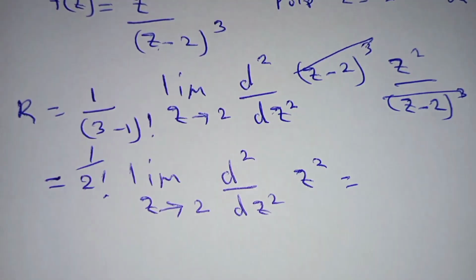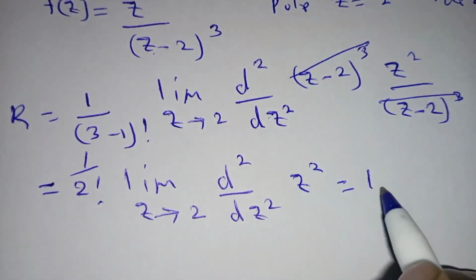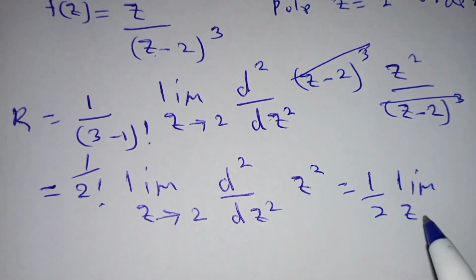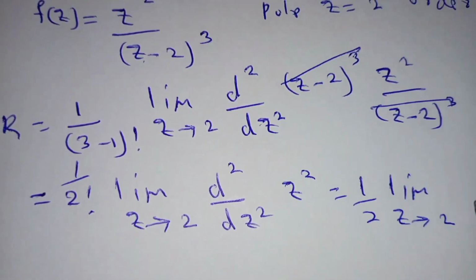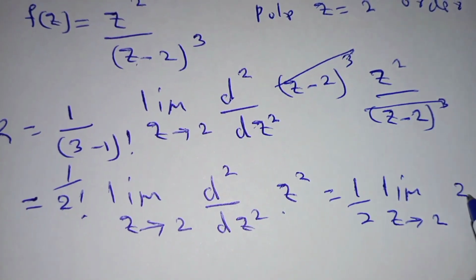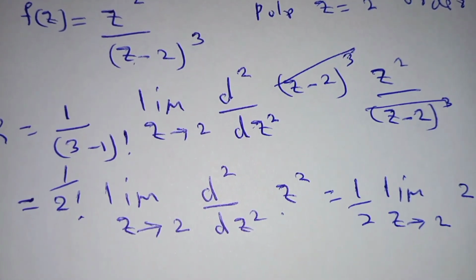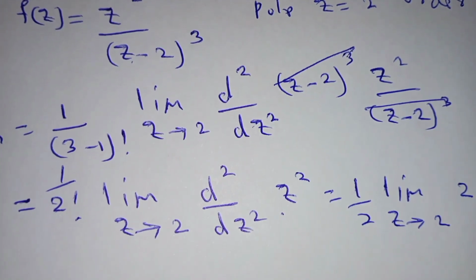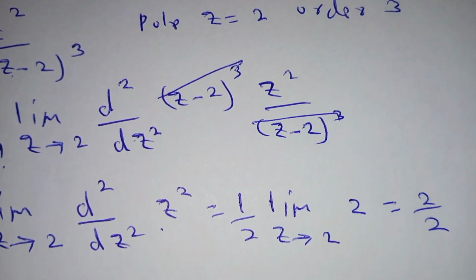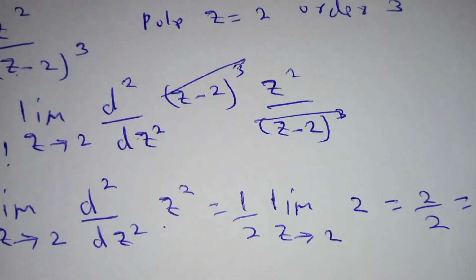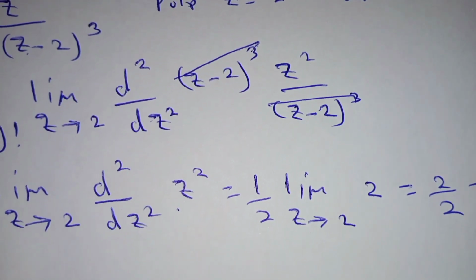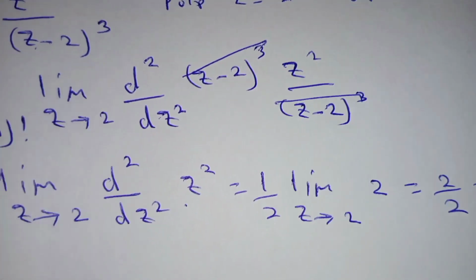When you differentiate this twice, the answer is going to be 2, which will result to 2 over 2, which is equal to 1. Thanks so much for taking your time to study with me on how to get residues at multiple poles.